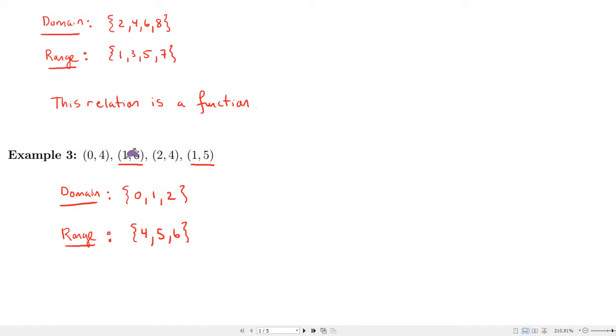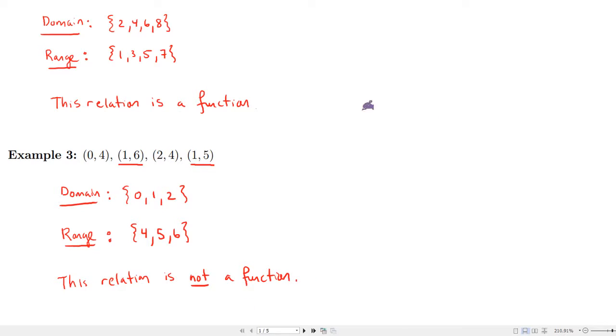The first coordinate is what you're trying to plug in to get the output, the second value. You tried to plug in 1, but you're getting two outputs: you're getting 5 and you're also getting 6. And so this is not a function, but it is still a relation. This relation is not a function.